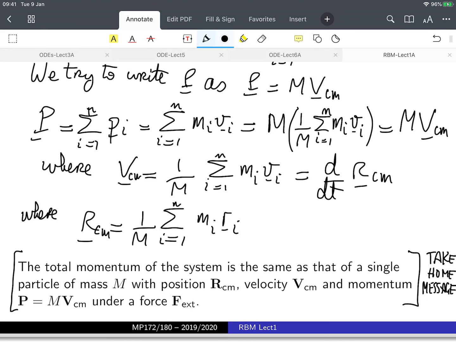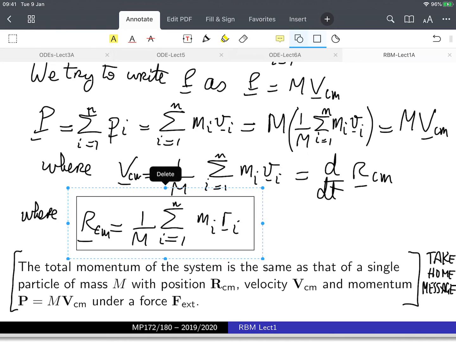Okay, so you're expected to know how to find the position of the center of mass. Well, I think it's kind of obvious, or at least intuitive, where it should be. It's the average of all the positions weighted with their mass, the center of mass.